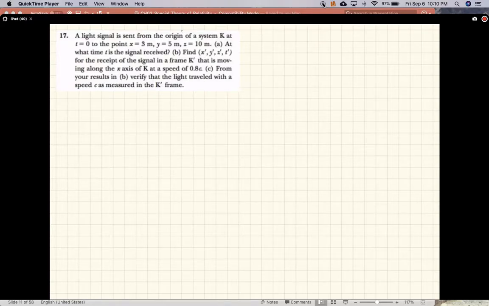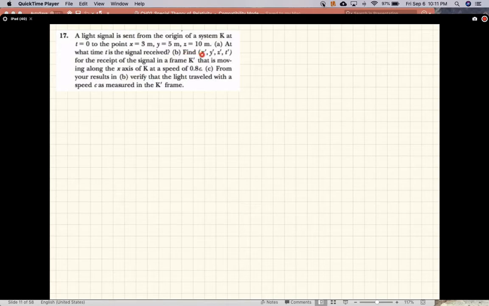Okay, in this problem, it says a light signal is sent from the origin of a system K at t equal to 0 to the point x equal to 3 meters, y equal to 5 meters, and z equal to 10 meters. At what time is the signal received?